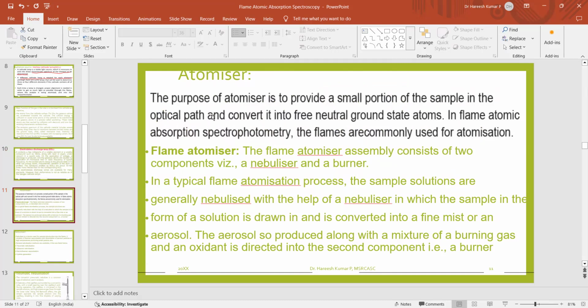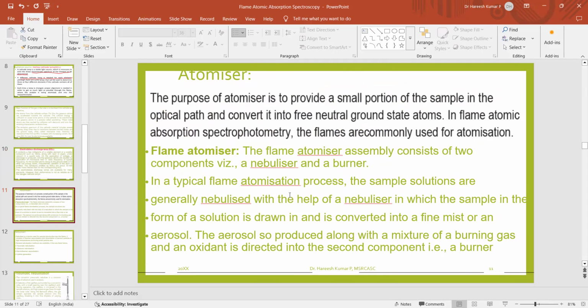Let's look into the atomizer. The purpose of the atomizer is to provide a small portion of the sample in the optical path and convert it into free neutral ground state atoms in the flame atomic absorption spectroscope. Flames are commonly used for atomization. Flame atomizer: the atomizer assembly consists of two components, nebulizer and burner.